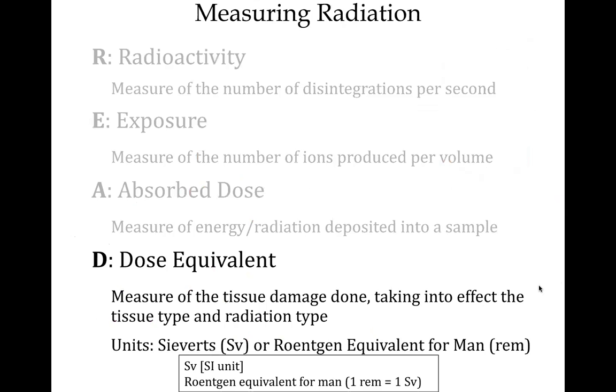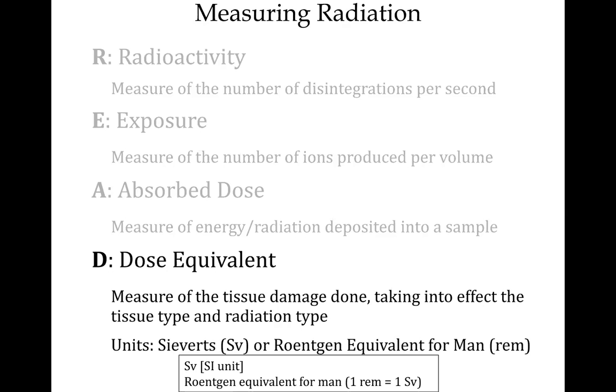And that brings us finally to our dose equivalent. This is when it really gets applicable and puts into perspective what it's doing to us biologically, because the dose equivalent is the measure of tissue damage done. So it's looking directly at the damage, and it takes into effect the tissue type and the radiation type.